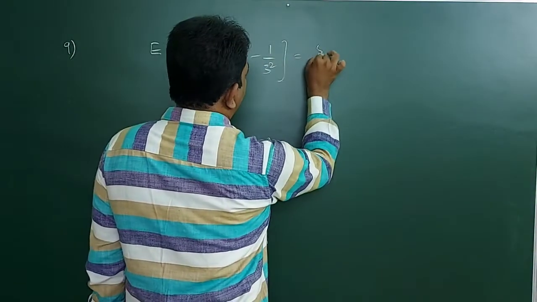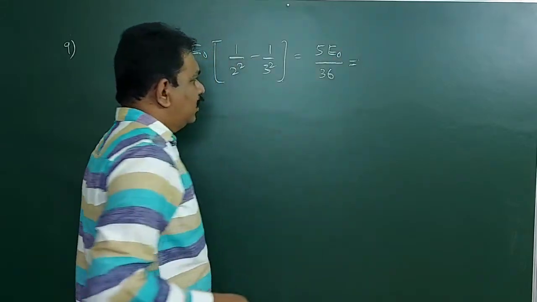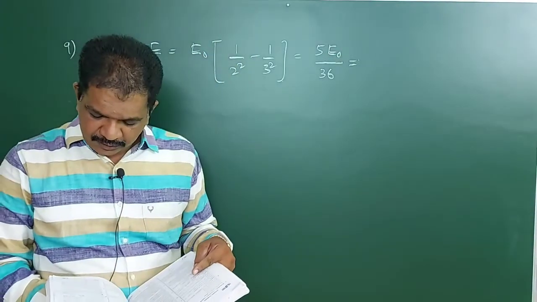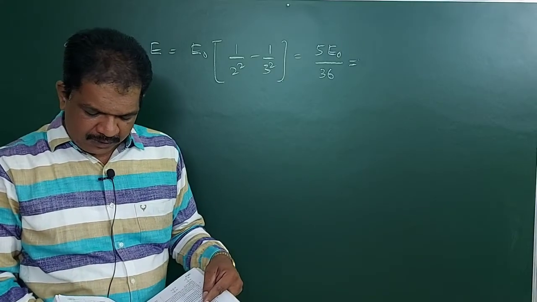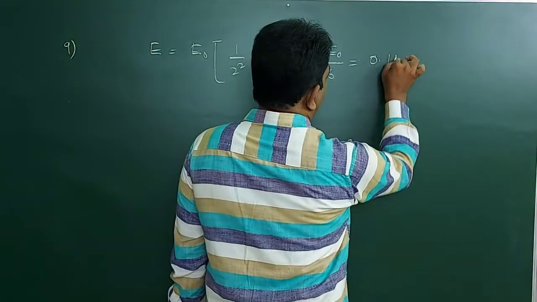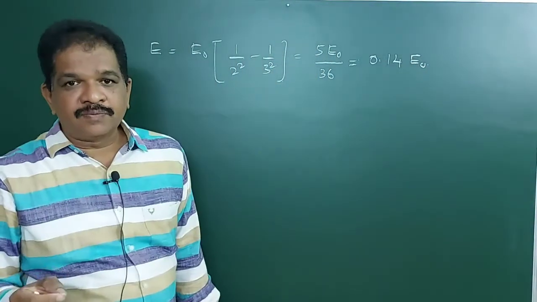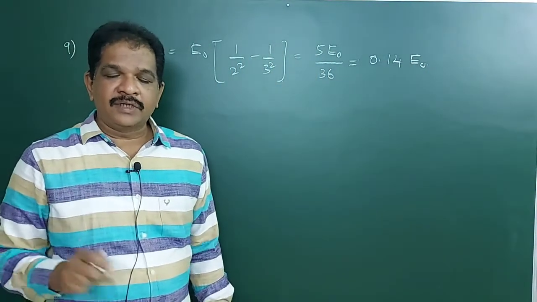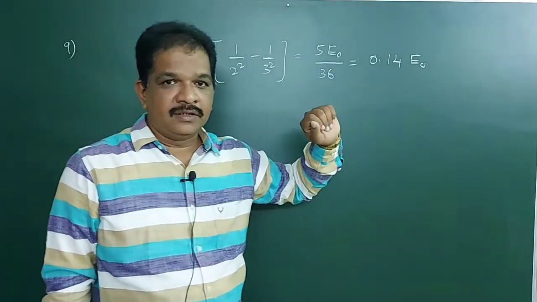So this will be 5E₀ by 36. If we calculate that value, it will be 0.14E₀. So when the electron jumps from the third state to the second state, it releases this amount of energy.